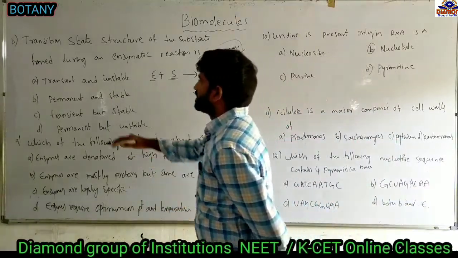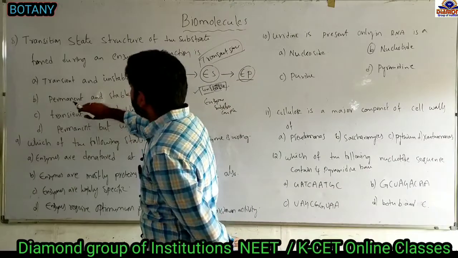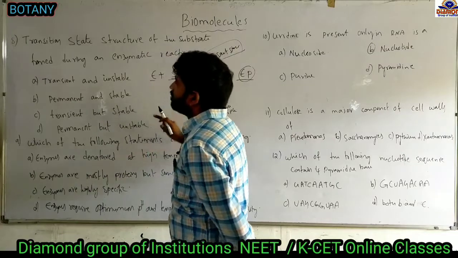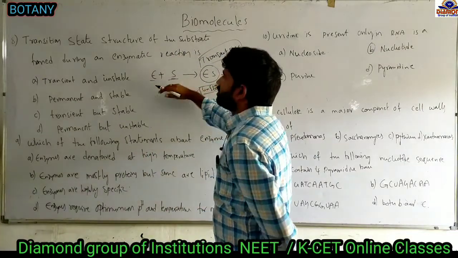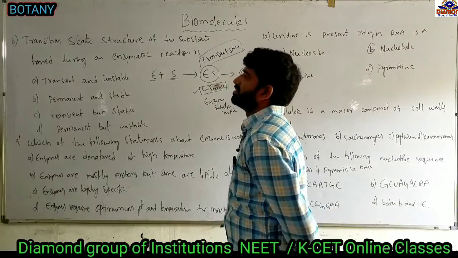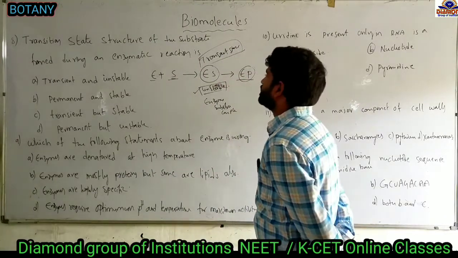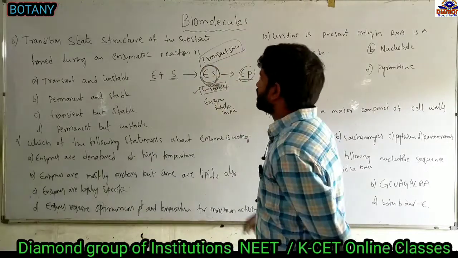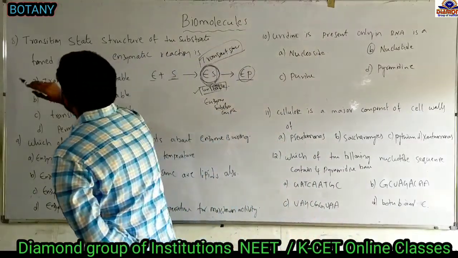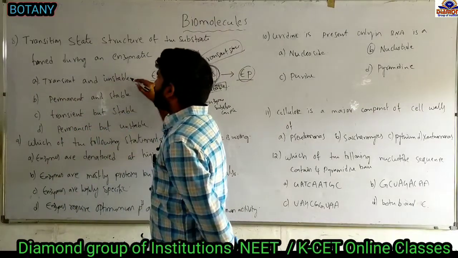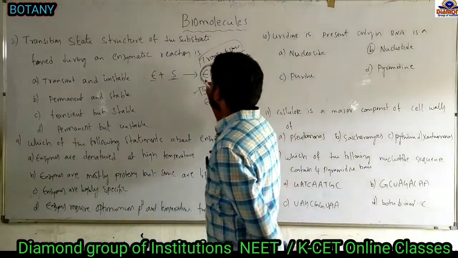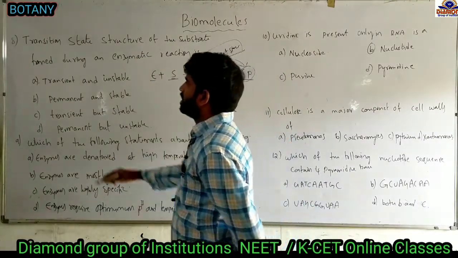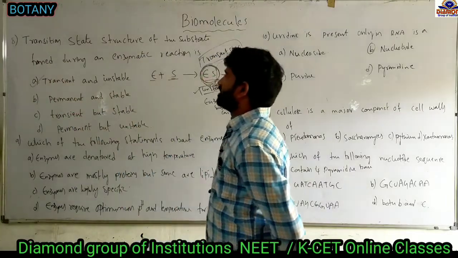They gave the options: transient and unstable, permanent and stable, transient and stable, permanent and unstable. Out of the given options, at the time of enzyme action, during the conversion of substrate into product, an intermediate stage is formed, which we call the enzyme substrate complex. That enzyme substrate complex is transient and unstable. After its formation, it is immediately converted into the enzyme product. So that's why transient, unstable is the right answer.